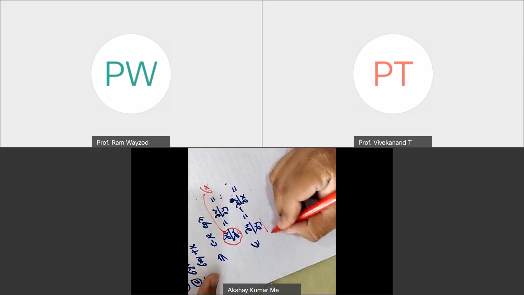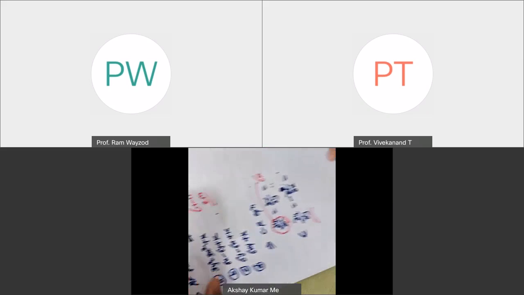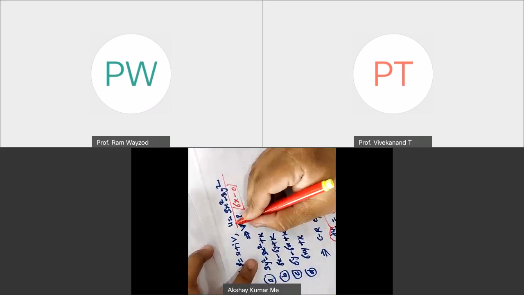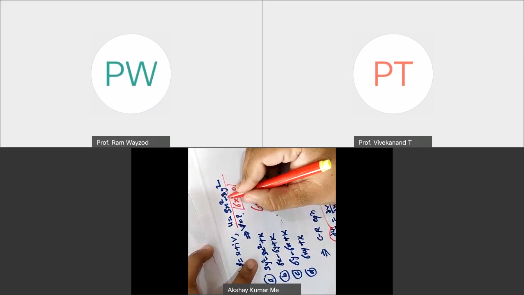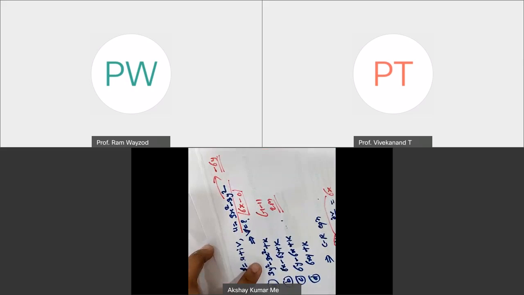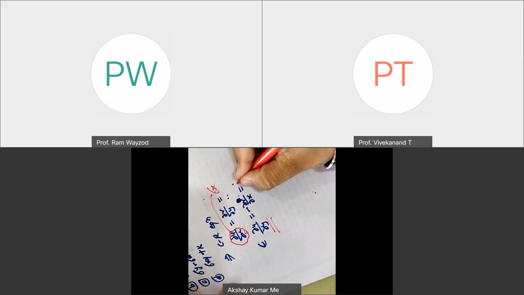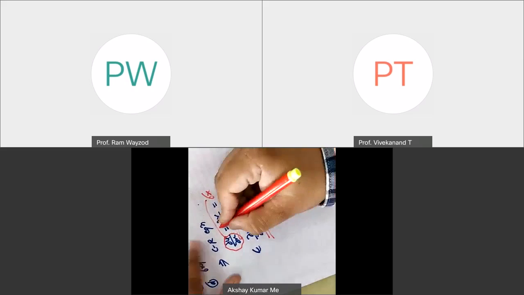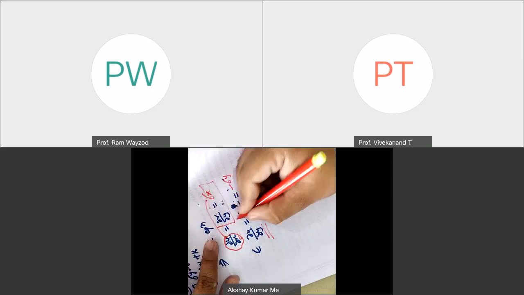Now differentiate u with respect to y, so we get minus 6y. So these are the corresponding values.